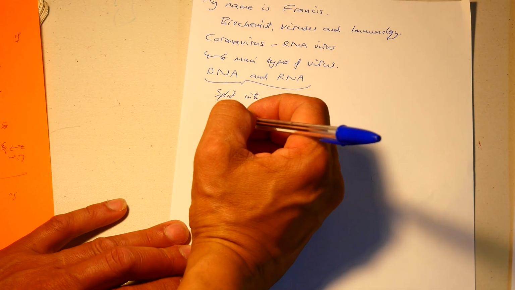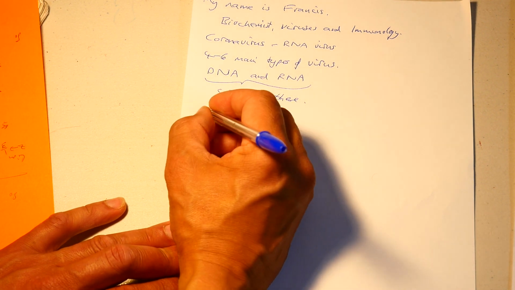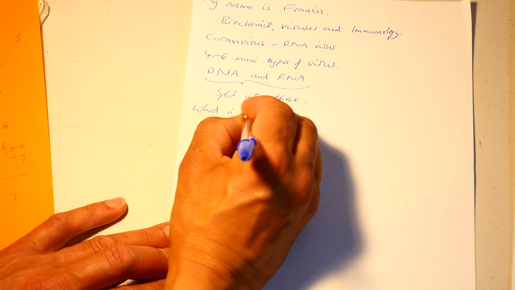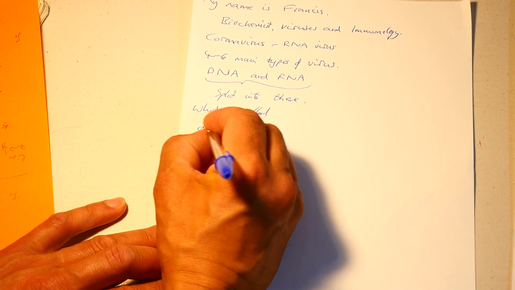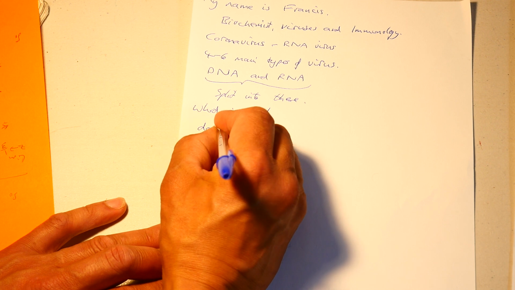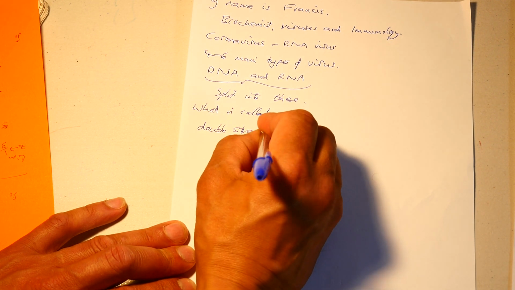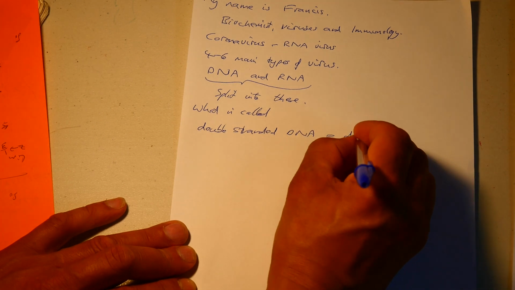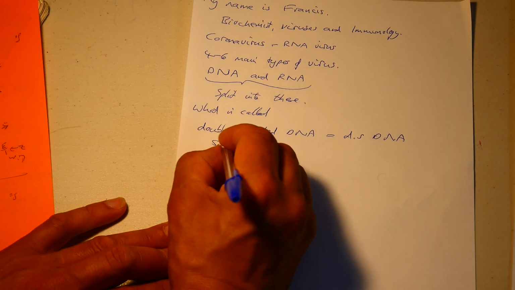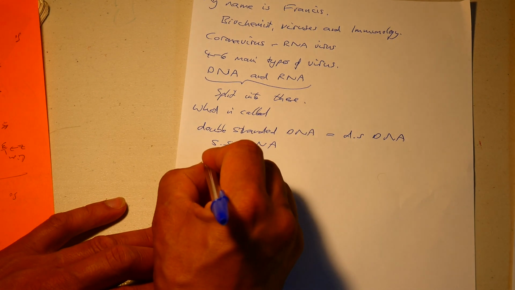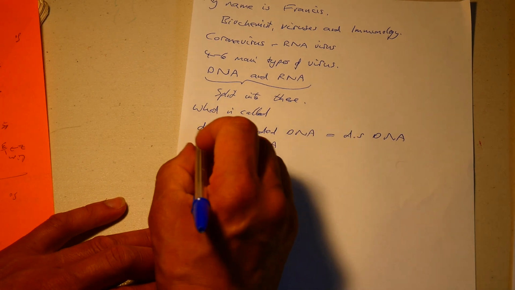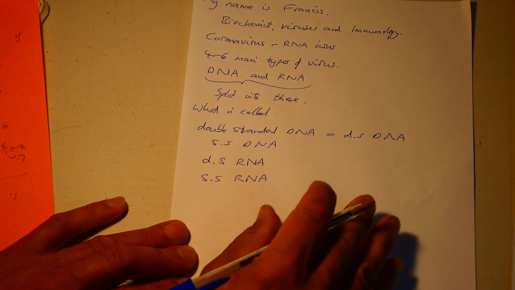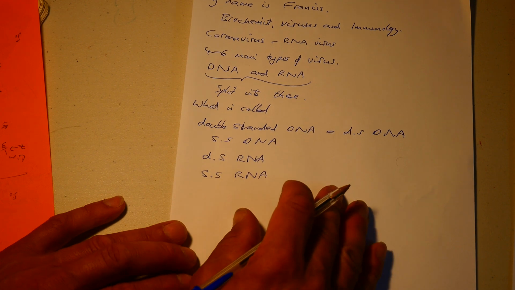You get DNA, which is called double-stranded DNA, and you get single-stranded DNA, and you get the double-stranded RNA, and single-stranded RNA.